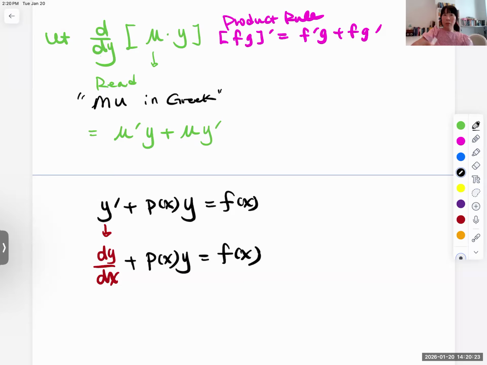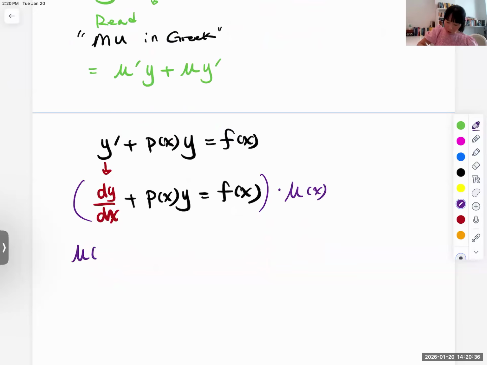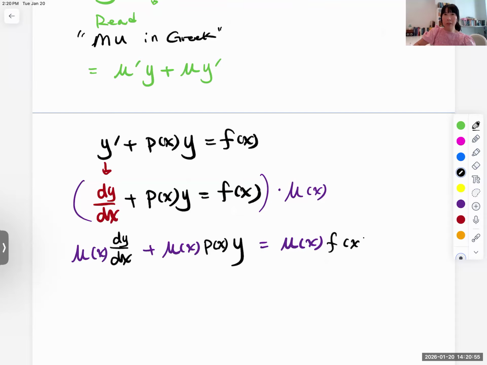Now I want to multiply by mu of x every term. So there will be mu of x times dy over dx plus mu p of x y, so let me just copy down every term here, equal to mu of x f of x.